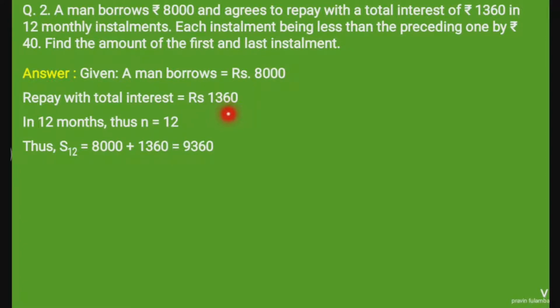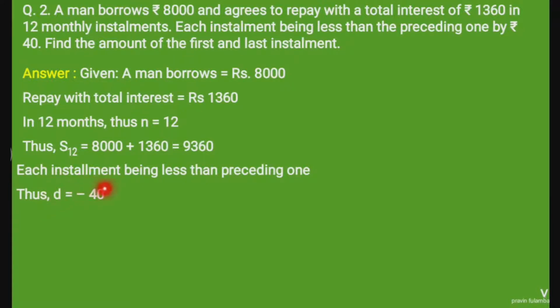So the total amount with interest, so we write here in 12 months, that is n equals 12, S12 equals 8,000, that is the borrowed rupees, and this 1,360 is interest, so in total he has to pay 9,360. So we have to find the first and last installment, that is the value of A and the value of Tn.